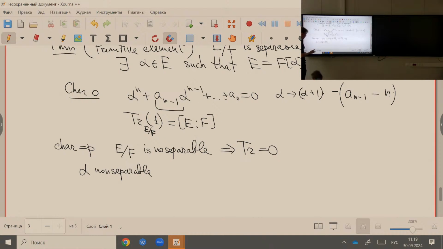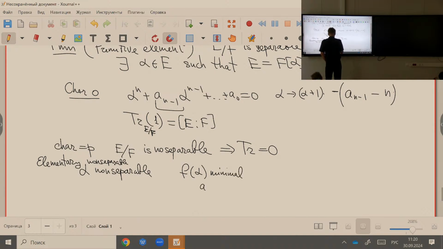So here it can be done as follows. Consider an elementary non-separable extension, so alpha is elementary non-separable. And if alpha is non-separable, then it is a root. Notice that again we have considered a minimal polynomial, so f of alpha is a minimal polynomial.